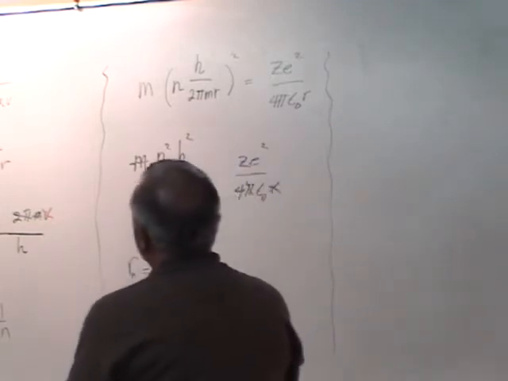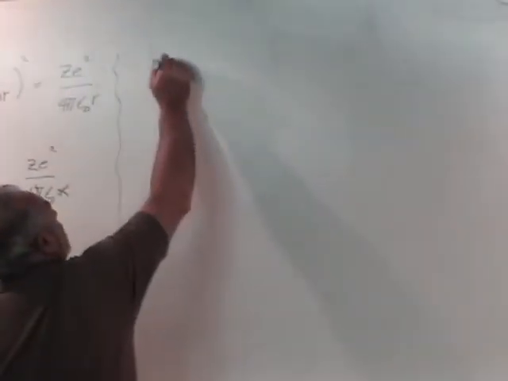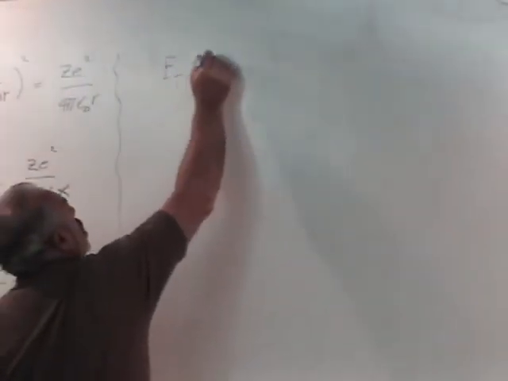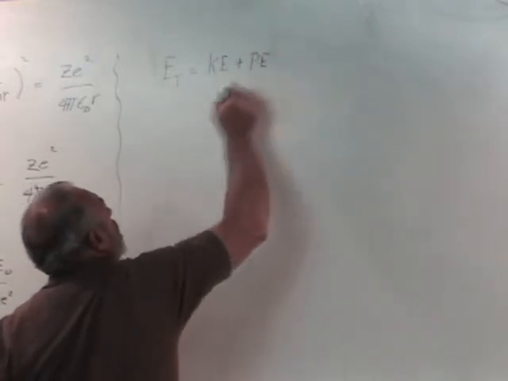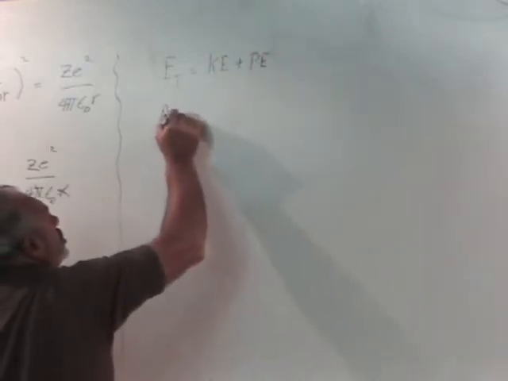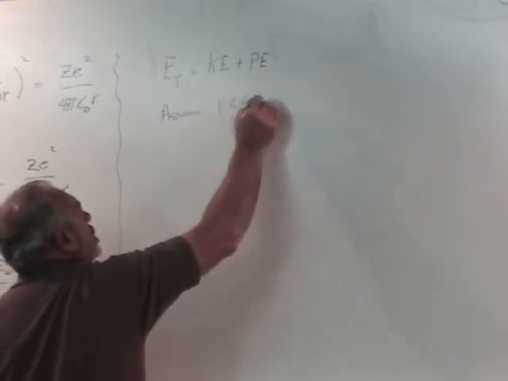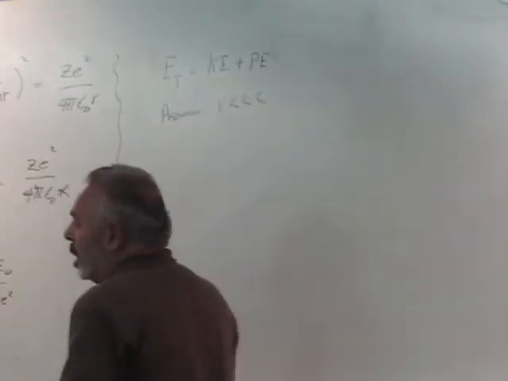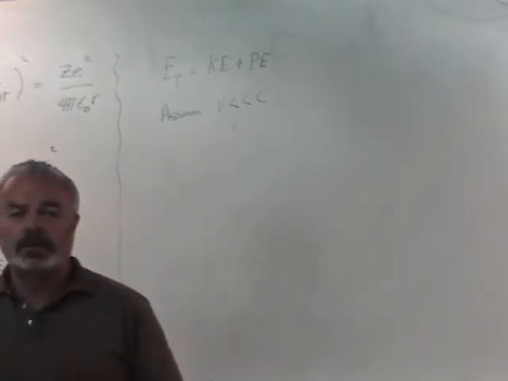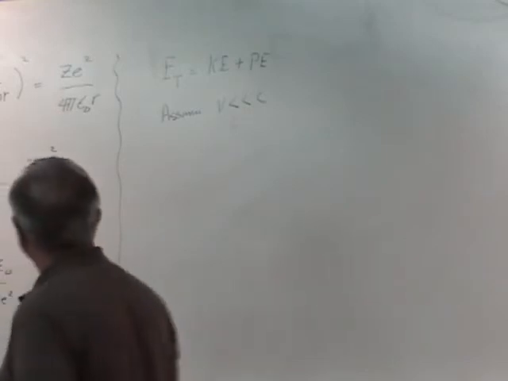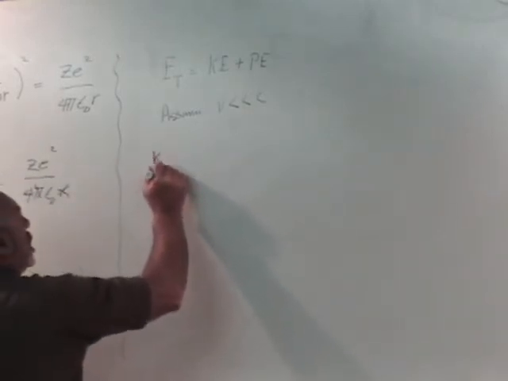So, of course, the total energy that we're going to be discussing is going to be kinetic energy plus potential energy. You may assume v much, much less than c. Therefore, we'll just use classical formulas for potential and kinetic energy. Kinetic energy is easy.